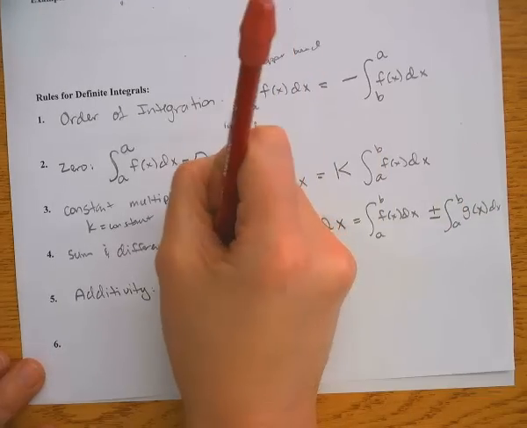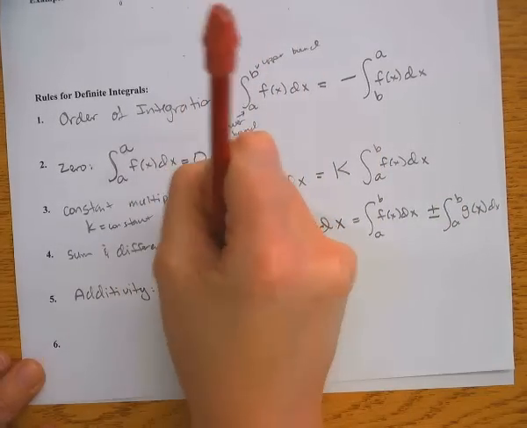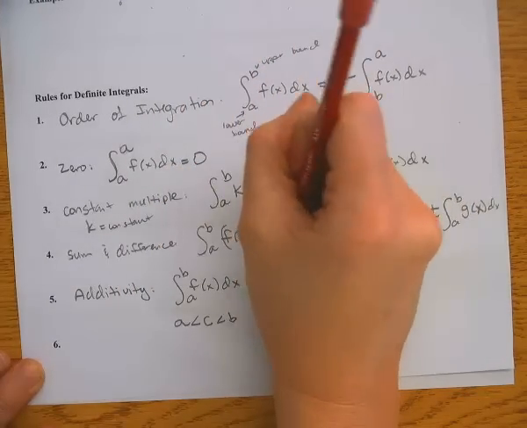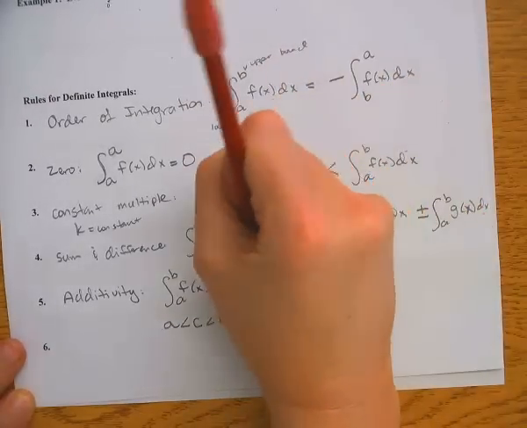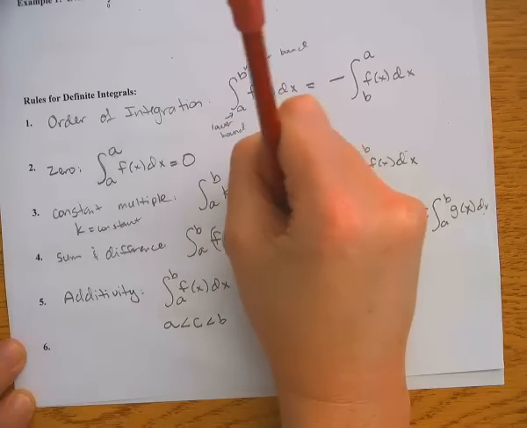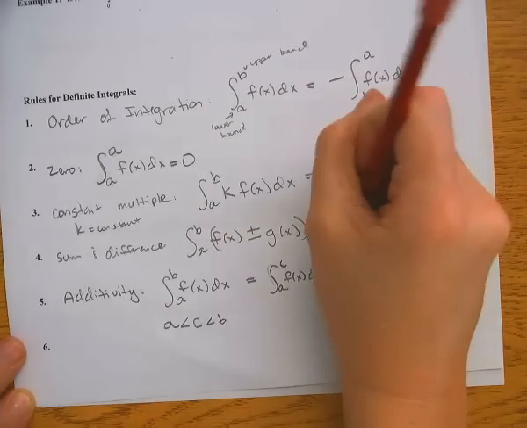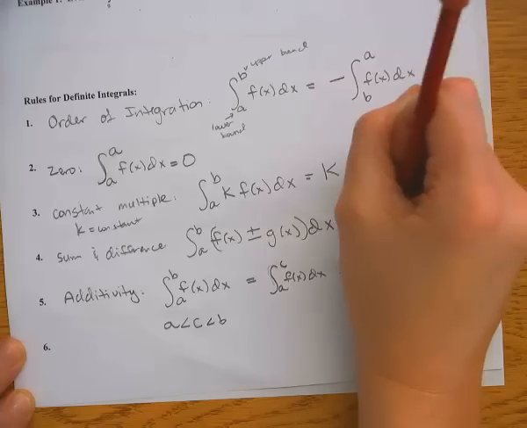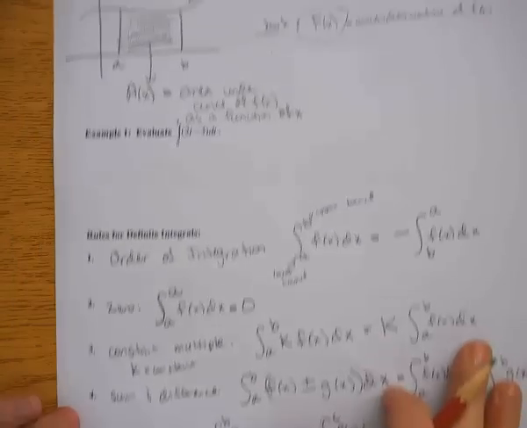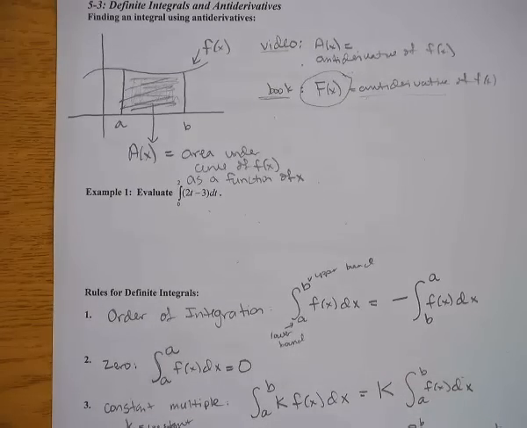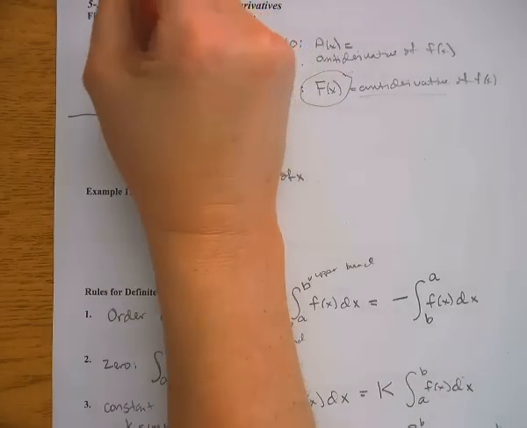So let's say c is some x value between a and b. You could think of this as the area between a and c under f plus the area between c and b under f. In other words, if I look back at this picture up here, let's say I had some c and it was right here.